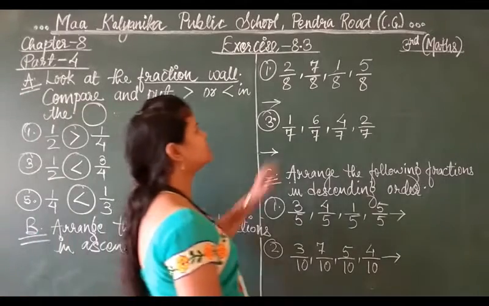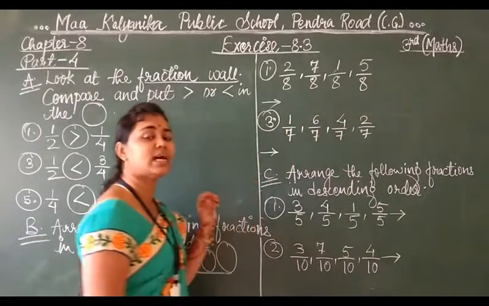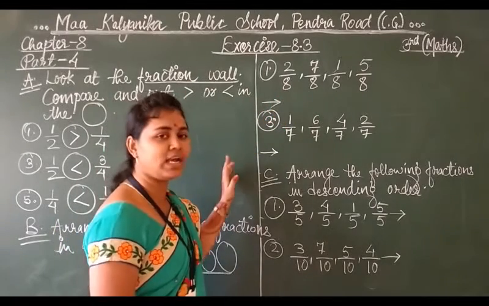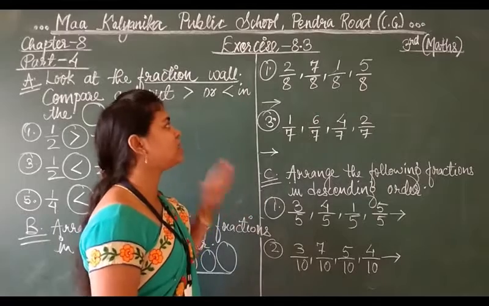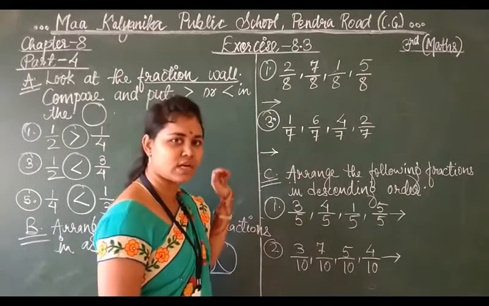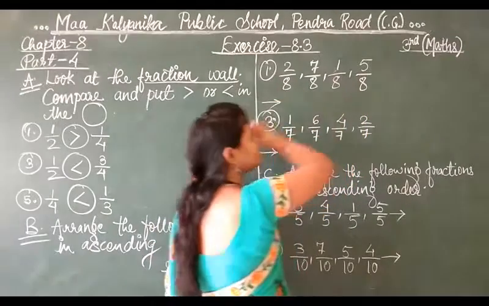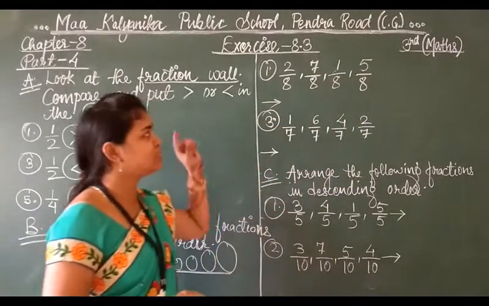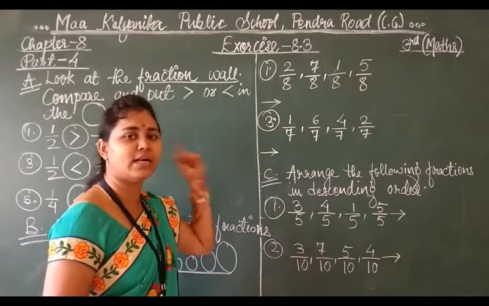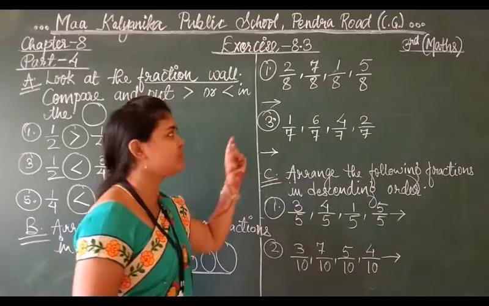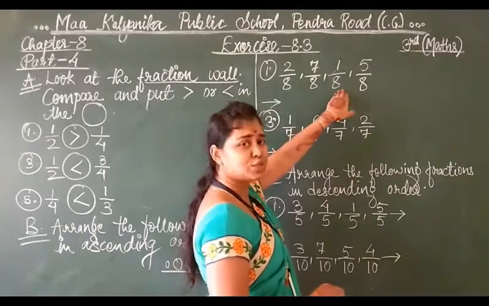So see students, as all the denominators are same, so it is a like fraction. So it is very easy to arrange in ascending or descending order if like fractions are given. As the denominators are same, simply the number given in the numerator, the greater number will be the greater fraction and the smaller number will be the smaller one.